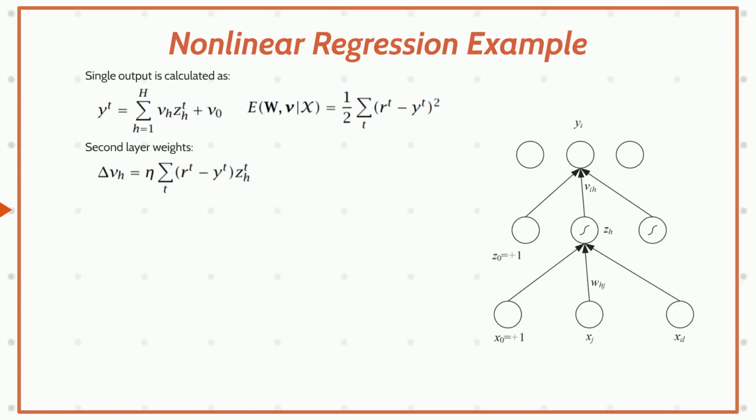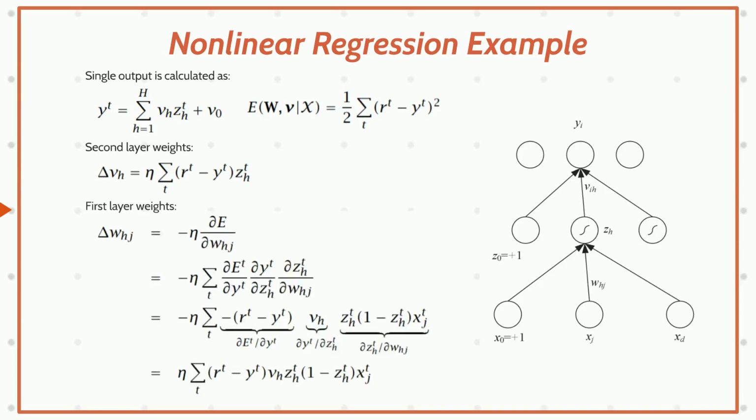So this is the gradient. But the first layer weights are much more complicated, but they can be found using the partial derivatives that we had in the previous slide, and this is what that looked like.